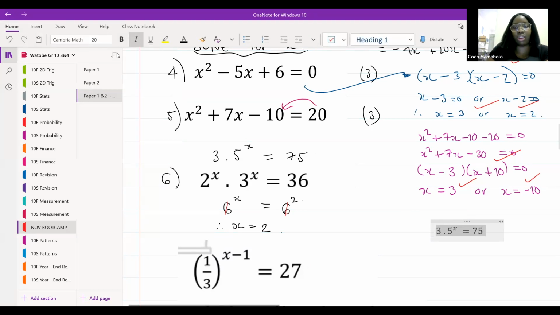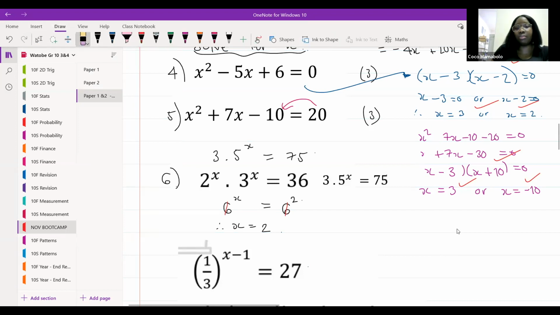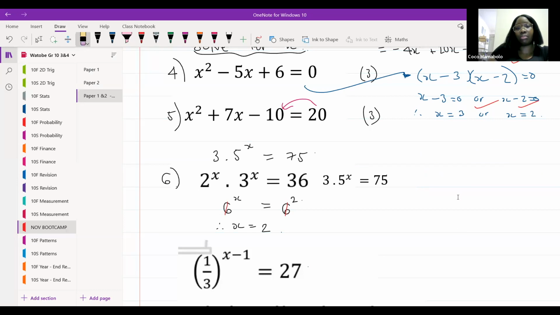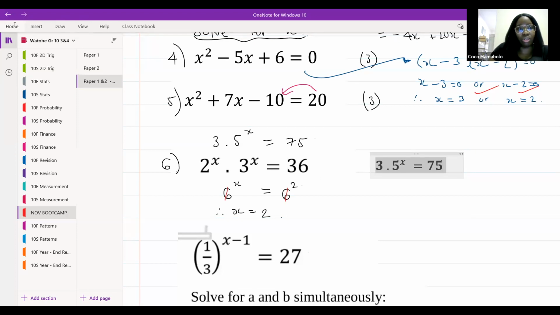Let's compare the two. What do we notice? There's no power x on the 3. Correct, that's it.